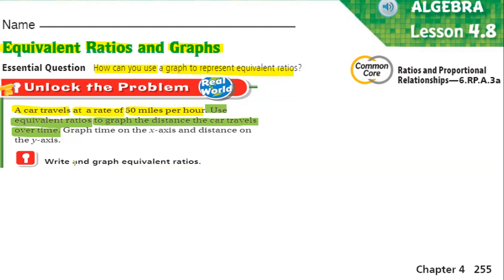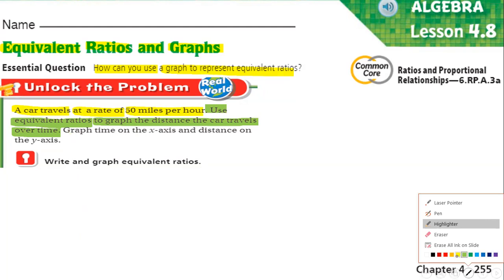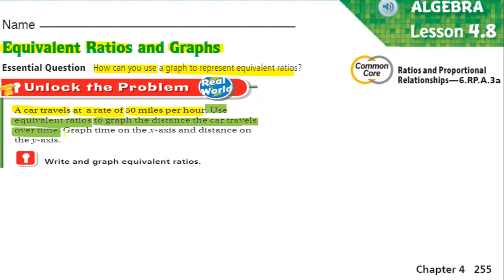Okay, complete, Muhammad. The last sentence here: graph time on the x-axis and distance on the y-axis. When you graph, you must graph according to his ordering here. He orders you to write the time on the x-axis and distance on the y-axis.